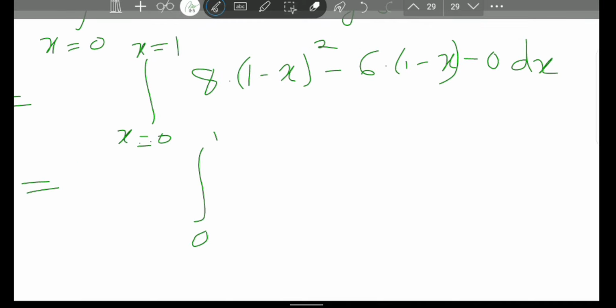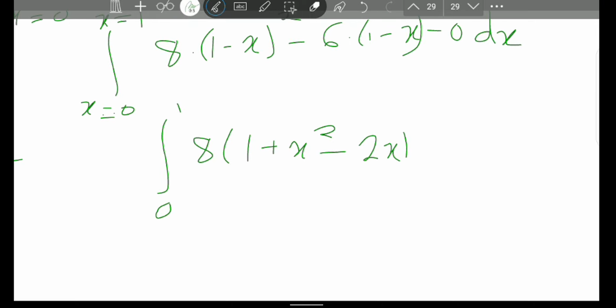1 minus x whole thing square is 1 plus x square minus 2x, and then we have minus 6 plus 6x dx.